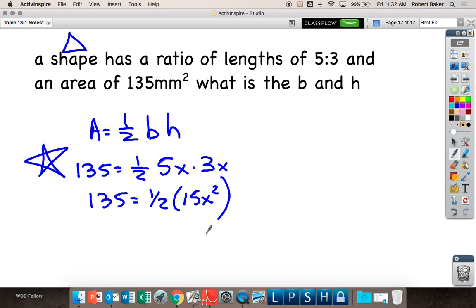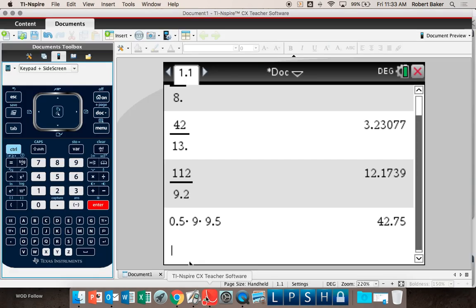So 5x times 3x is 15x squared. You can cut that in half if you want to. How do you get rid of the 7.5? You square root. It's like 18.